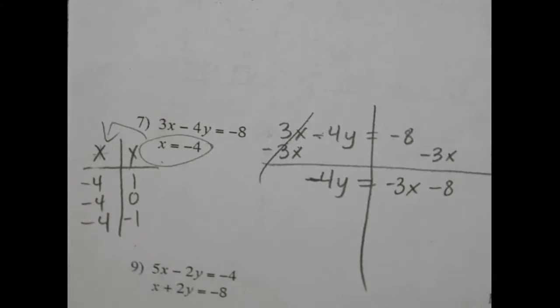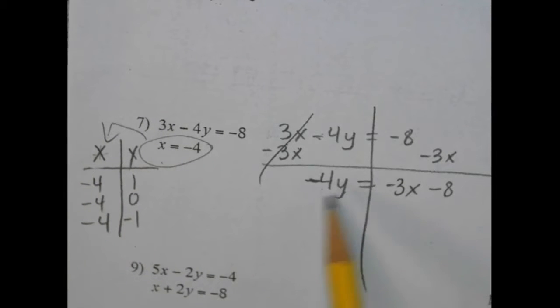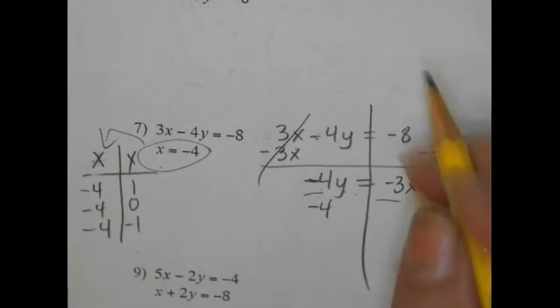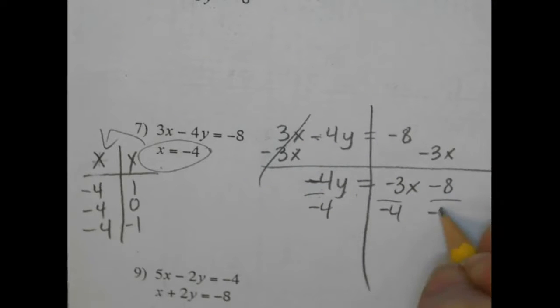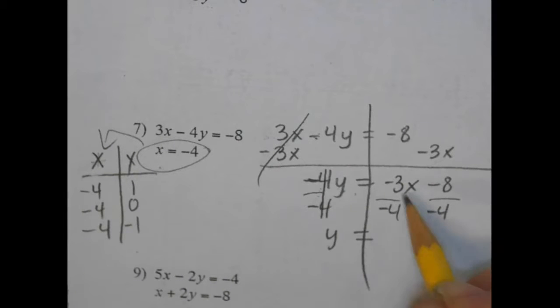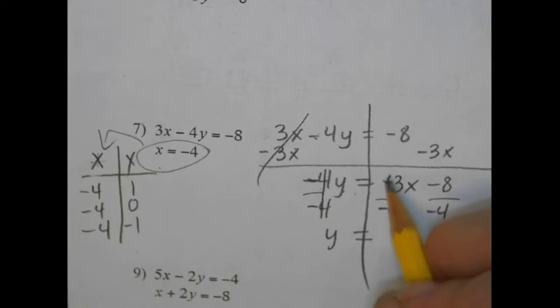So I'm close to slope-intercept form. I want y by itself. How do I undo this negative 4y? I'm going to divide every term by negative 4. So y is now equal to what? Negative divided by negative, they both become what? Positive.